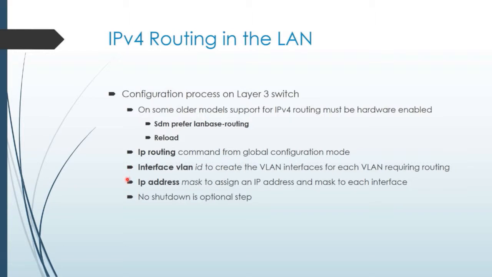And it's there that you would type in the IP address followed by an address and a subnet mask that's appropriate for that particular VLAN. Okay? No shutdown is an optional step. The interface should be up, but if it is not up, if it's been turned off, administratively down, then we would issue the no shutdown command in order to turn the interface on.